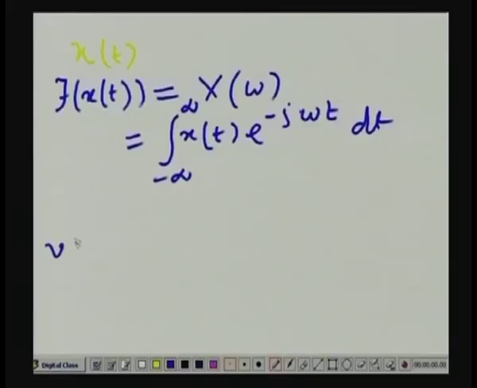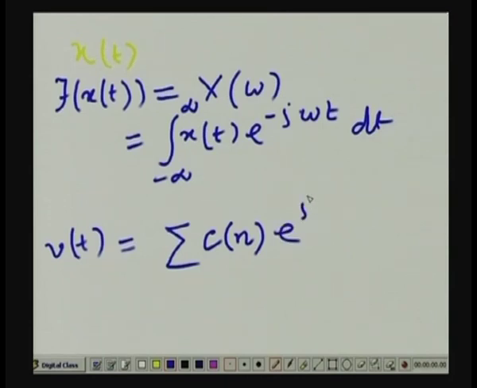Now, this is possible if the signal x(t) is aperiodic, but when the signal x(t) is periodic, in that case instead of taking the Fourier transform, we have to go for Fourier series expansion, and the Fourier series expansion of a periodic signal, say v(t), where we assume that v(t) is a periodic signal, is given by this expression, where omega 0 is the fundamental frequency of this signal v(t), and we have to take the summation from n equal to minus infinity to infinity.